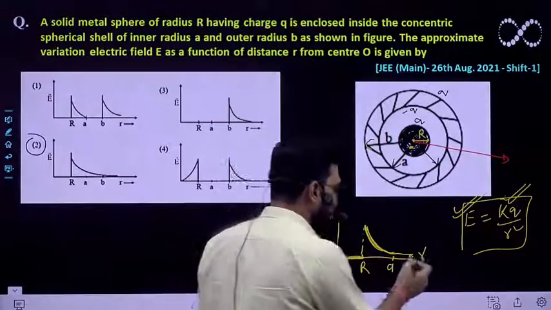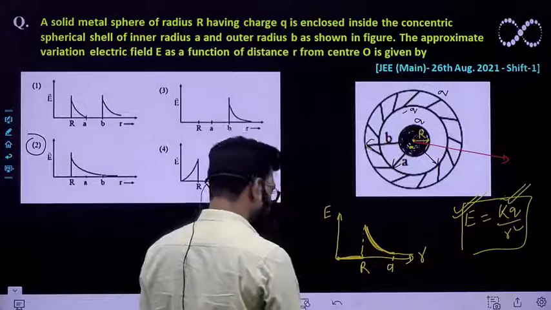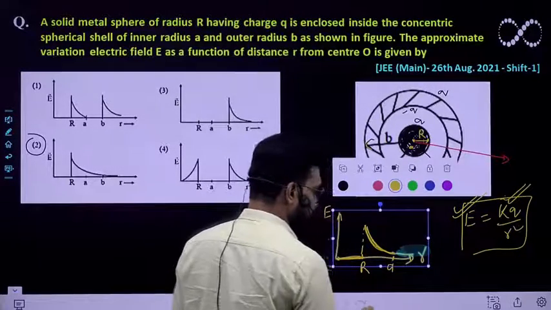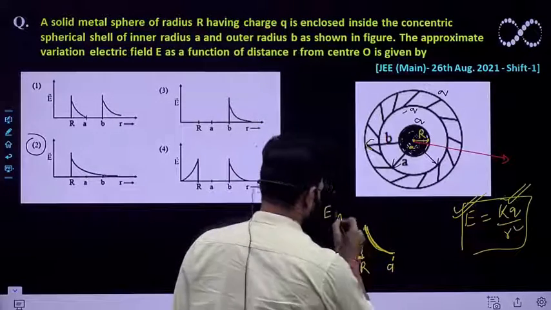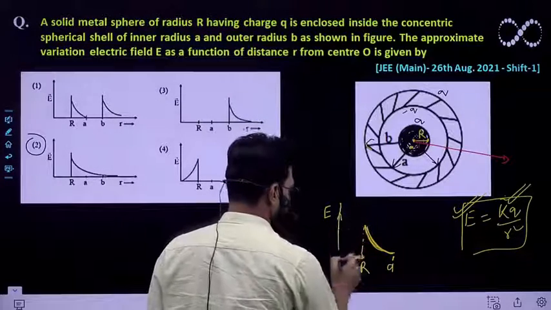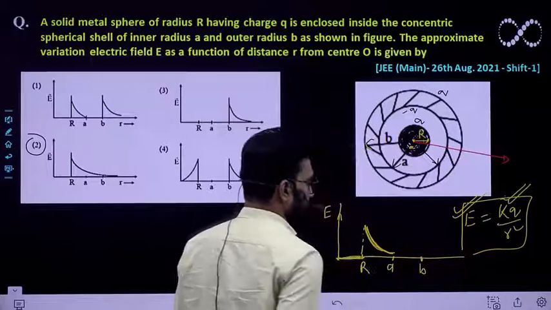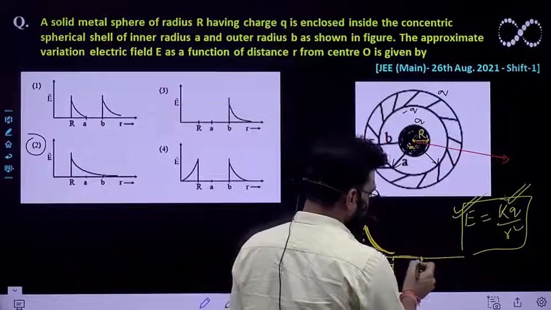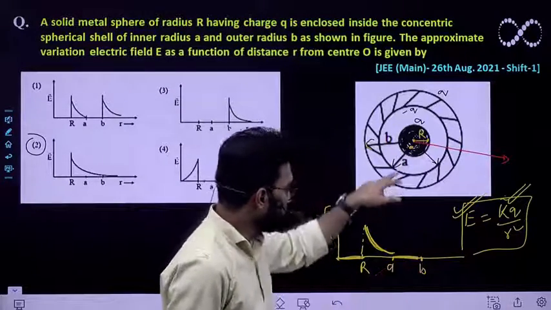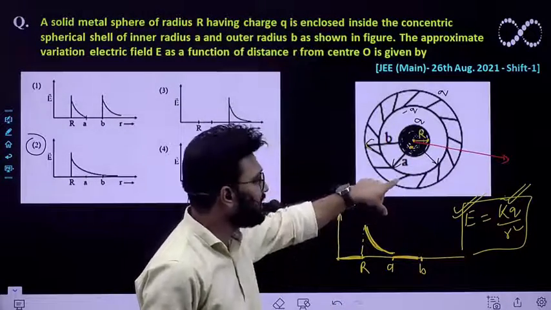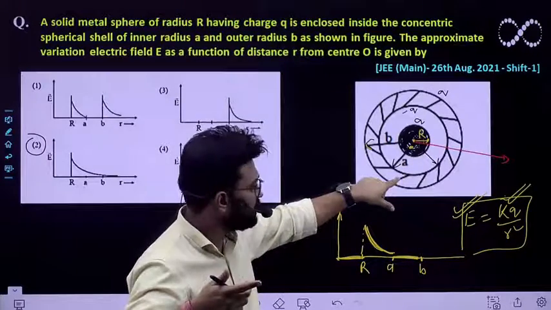So it would be 0 from A to B. This was the electric field, and this is B. Till the point it is 0, because you are inside the shell, which is metallic or conducting.